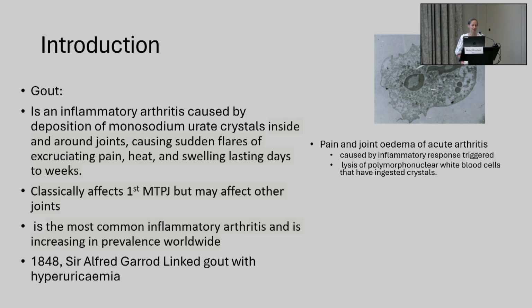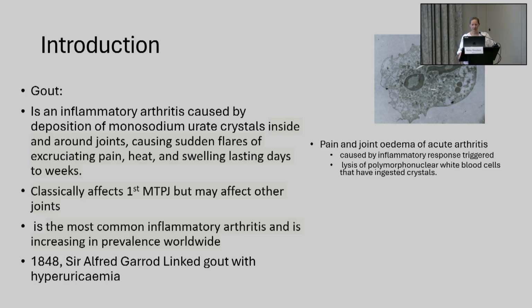Gout loves osteoarthritic joints. It's the most common inflammatory arthritis and is increasing in incidence and prevalence around the world. It was described in the 1840s by Sir Alfred Garrod, who linked gout with high levels of urate in the blood.